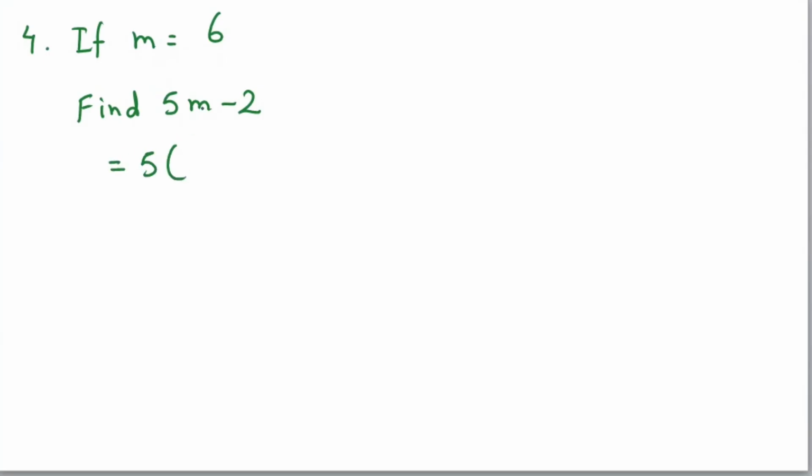You have to replace m with 6 because m is equal to 6. That's why we replace m with 6, minus 2. Then in step number 2, we have to multiply. So 5 times 6, it will be 30 minus 2. Then we have to subtract here. 30 minus 2, it will be 28. This is our final answer.